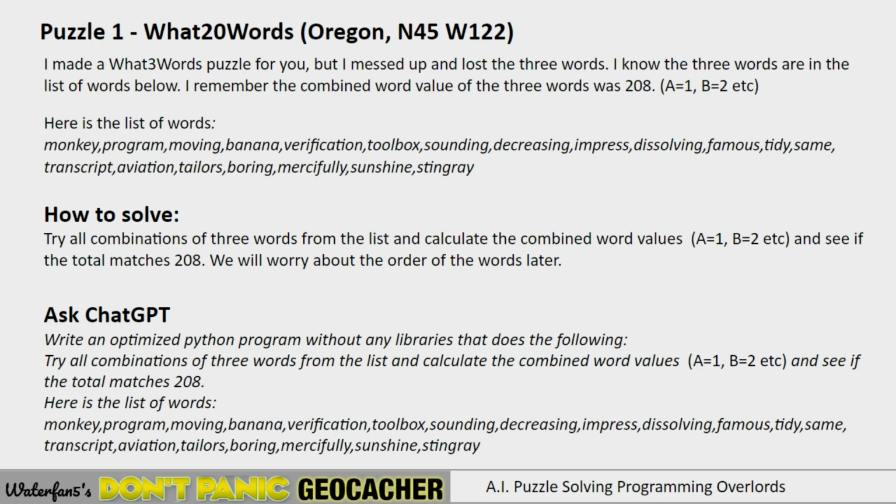That does the following, and then I paste my text, right? So how to solve is literally what I said here, and then I copied the list of words. That is all AI needs. It can now write a computer program that will solve this puzzle, or at least gets us the correct 3 words. And I will show that next.